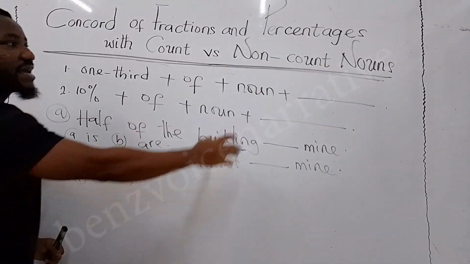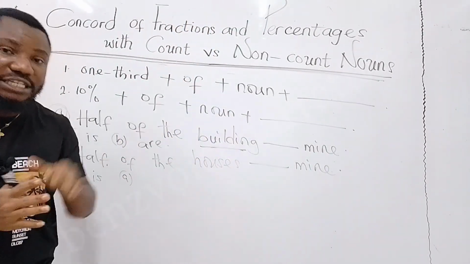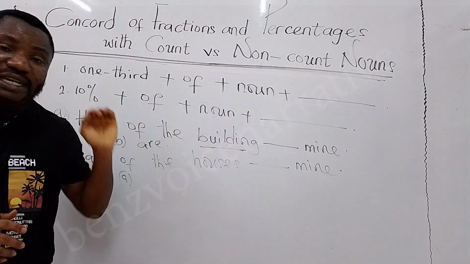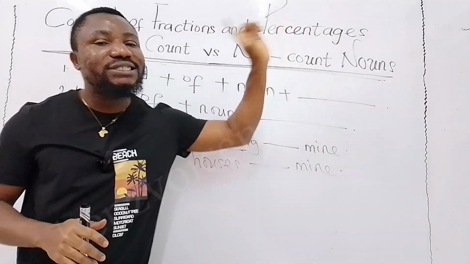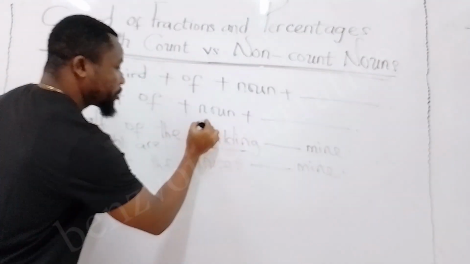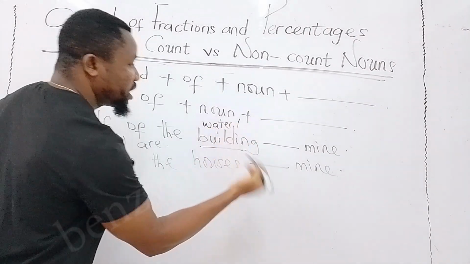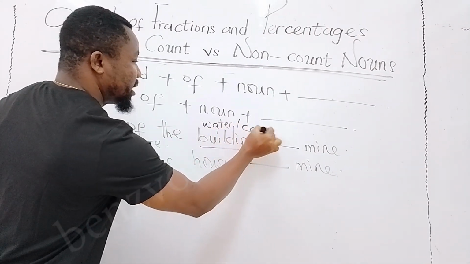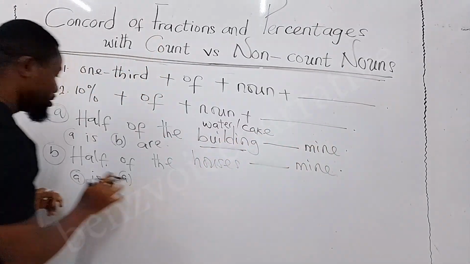When you have a count noun, the verb can be plural, it can be singular, depending on the nature of the noun being talked about. But when you have a non-count noun, such as water, oxygen, cake, right? So half of the cake dash mine.